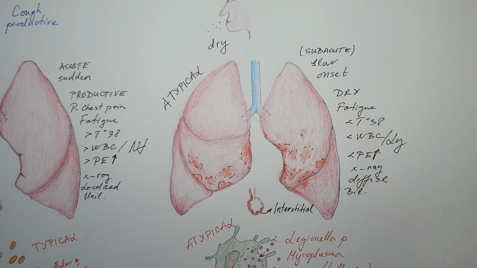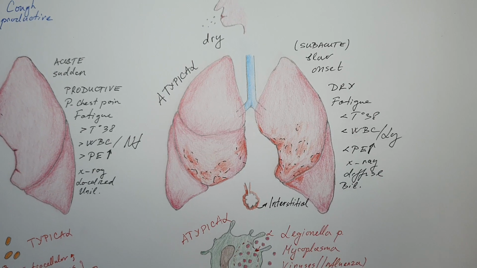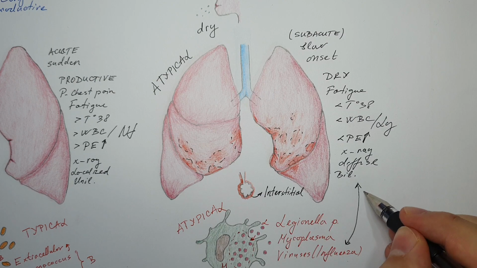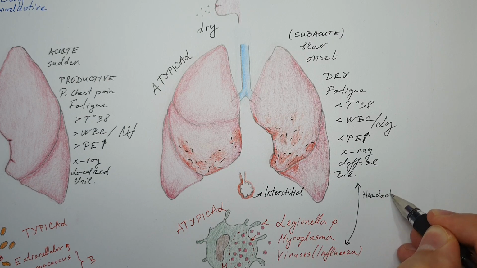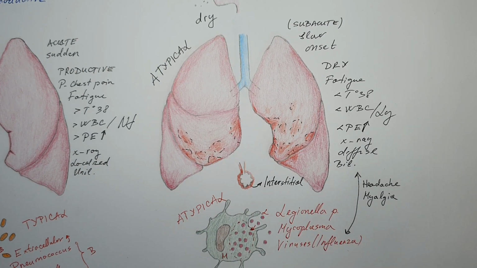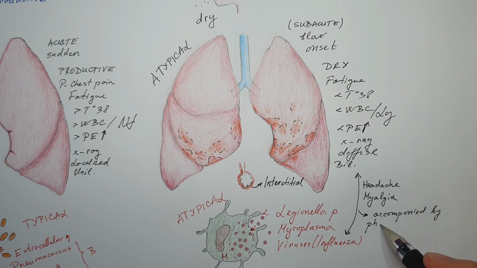I will only say that some of these findings correlate with this viral and intracellular etiology, and some of them are also headache, myalgia, and the possibility to be accompanied by symptoms of pharyngitis and, for example, rhinitis.